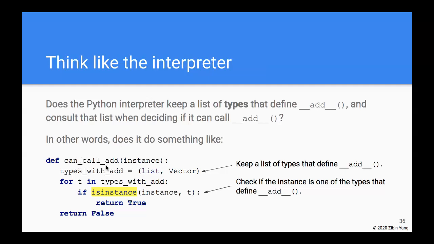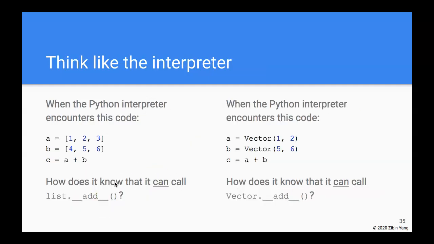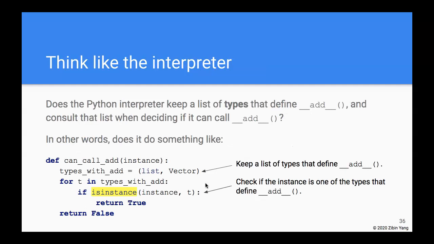We define a method that decides if we can call the __add__ method given an instance of something. And we have all the types that define the __add__ method. In our little world, those types include list and vector, because for list and vector, we define the __add__ method.